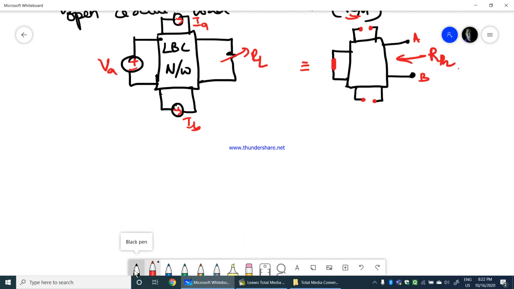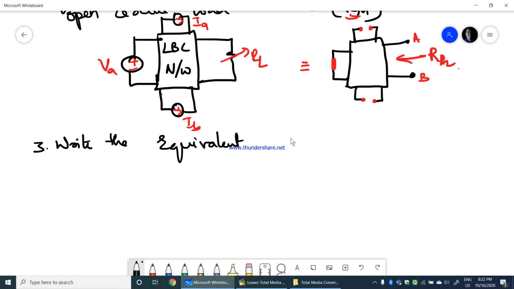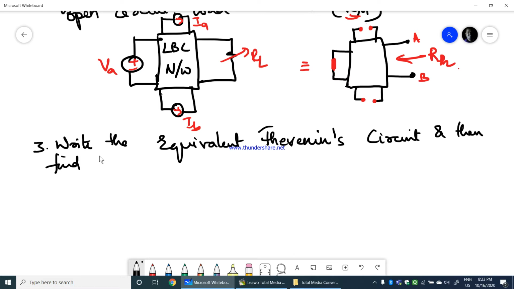Coming to step 3, write the equivalent Thevenin's circuit, and then find the load current and power.